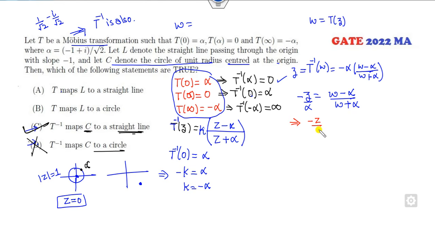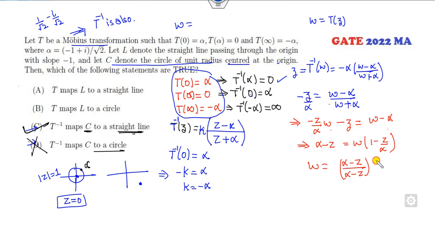So it is minus w minus this, and it is w minus alpha. I can take minus z here, where w is common, 1 minus z over alpha. So w will be alpha minus z, and I can write it here, and this will be alpha minus z into alpha.